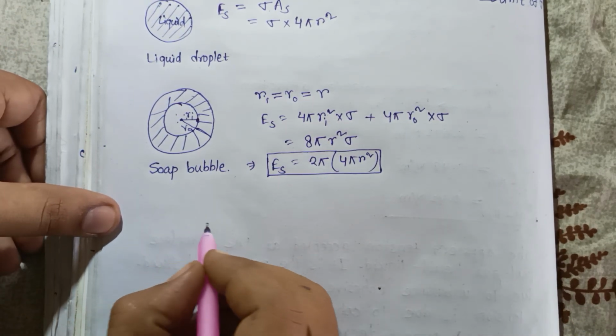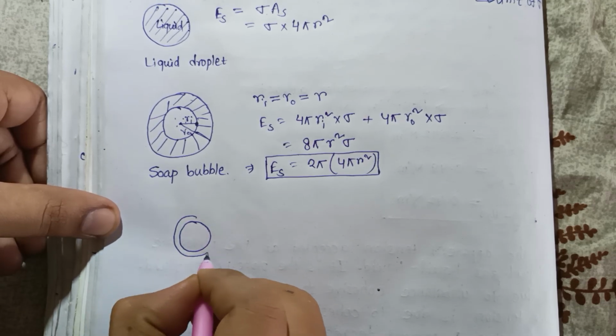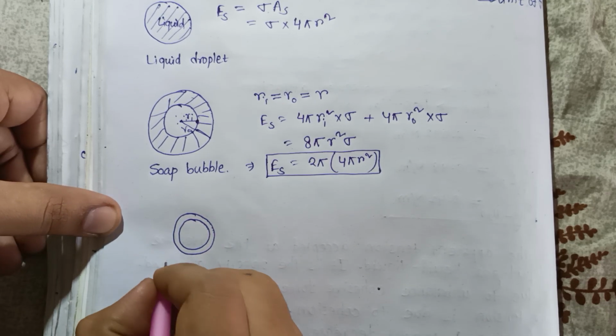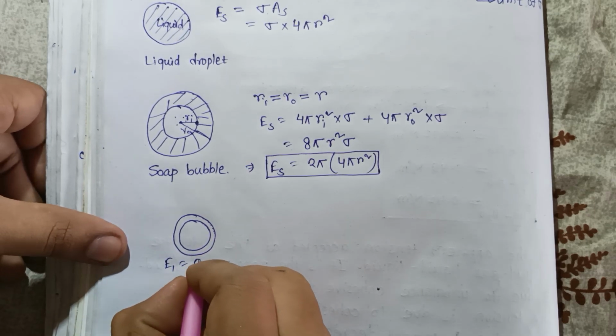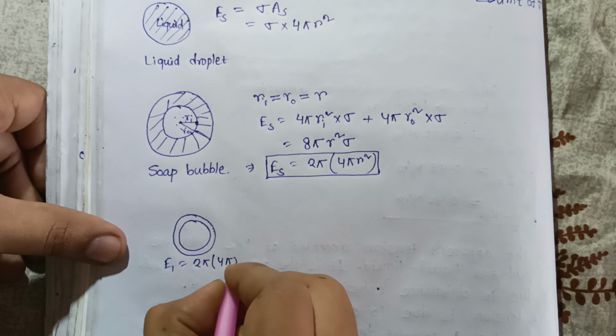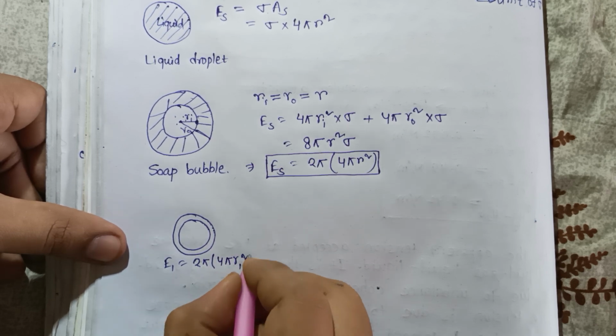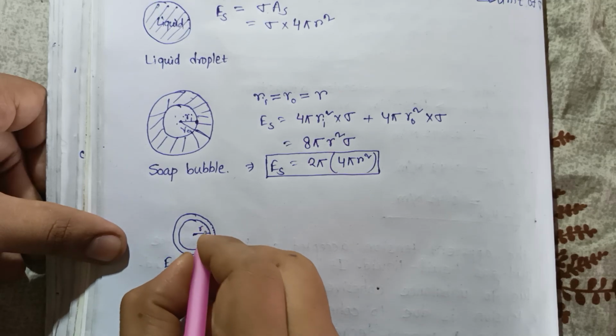So this is one soap bubble, and its energy is 2 into 4 pi r1 square sigma, where r1 is the radius.